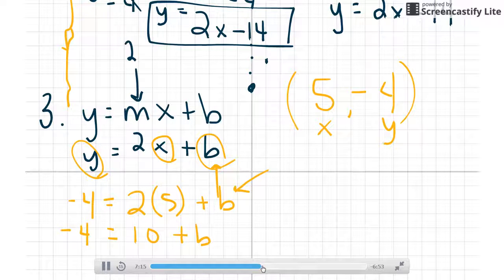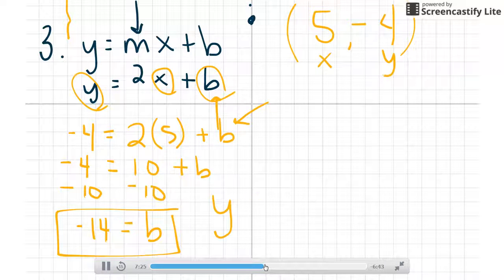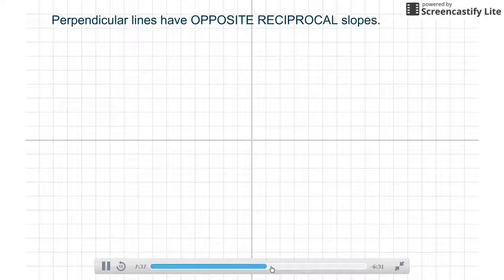So if I would go everything down, minus 10, and yet again, we get b equals negative 14, and we would just replace y equals, we know the slope is 2 because it has to be identical, minus 14. So again, 3 ways to solve the same problem.